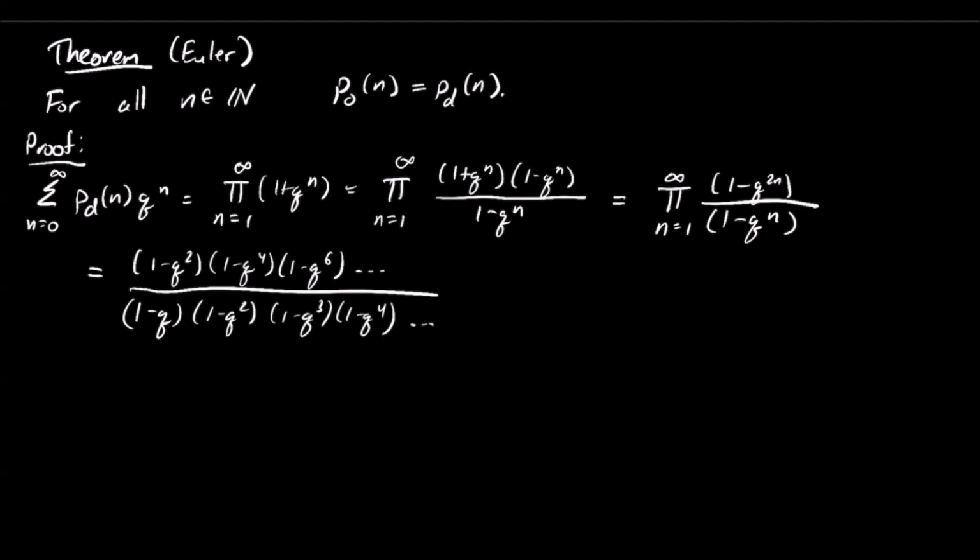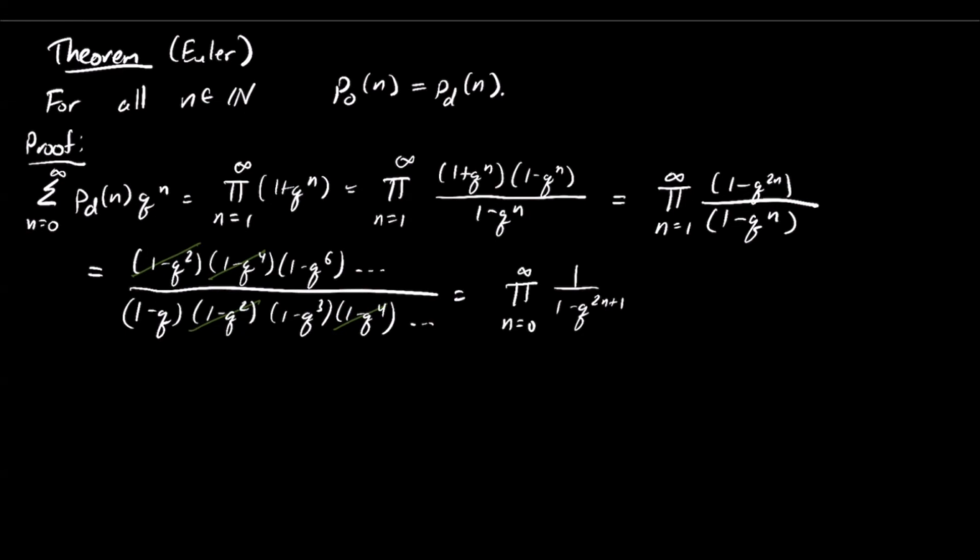The thing that I notice is that the even power terms appear on the top and bottom, and I can cancel them out, right? So I'm going to cancel this 1 minus q squared with this 1 minus q squared. I'm going to cancel this 1 minus q to the 4th with this 1 minus q to the 4th, and so on and so forth. And what are we going to be left with when we do this? It's going to be the product of 1 over 1 minus q to the 2n plus 1, where n goes from 0 to infinity.